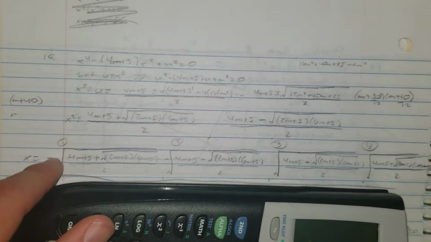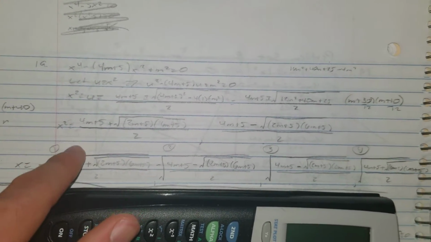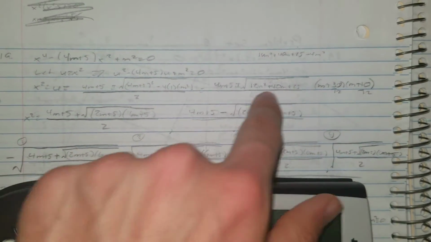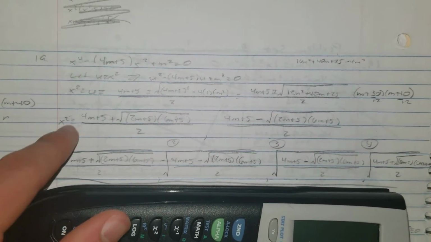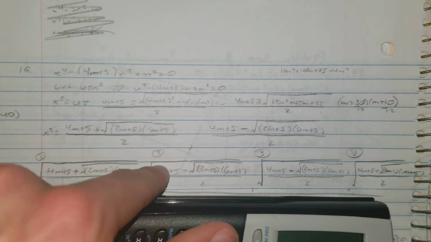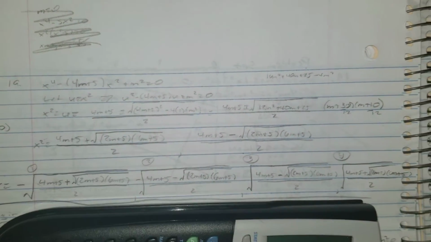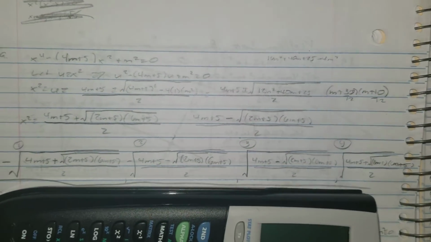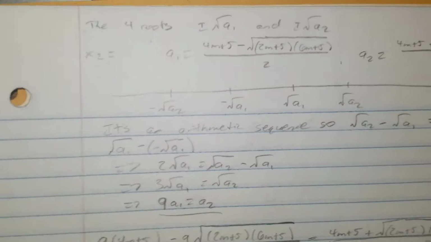But in reality, there are 4 roots because you're trying to find the roots of x. So you take the square root of this and the square root of this, and you get the plus or minus of those. So you get the negative square root of this, the negative square root of this. Yeah, you get the picture, right? It says 4 of those, okay?